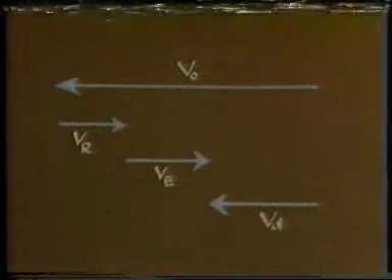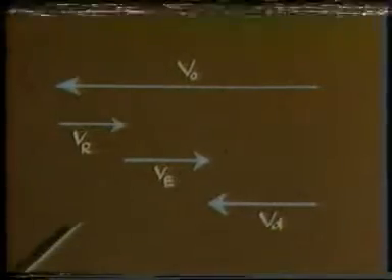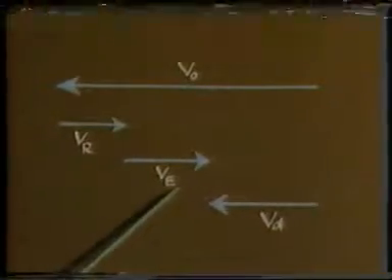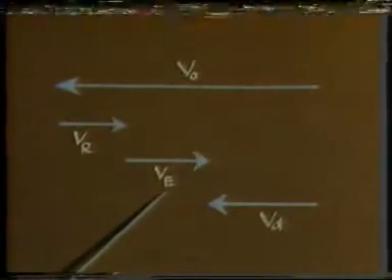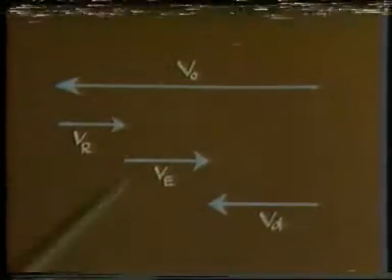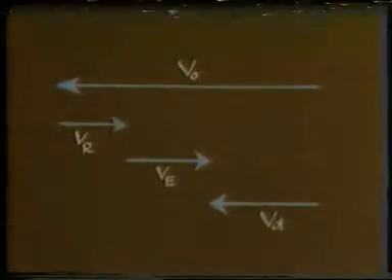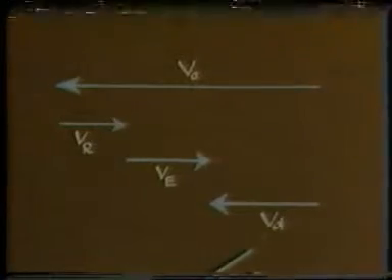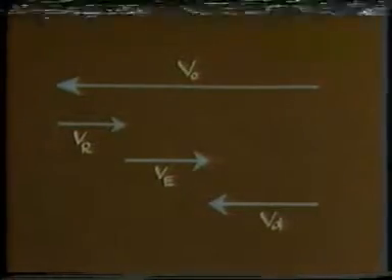Another factor responsible for the retardation of velocity is the electrophoretic effect, represented by VE. The remaining part is represented by Vd, the drift velocity. Now we can see that the drift velocity is equal to V0 minus (VR plus VE).